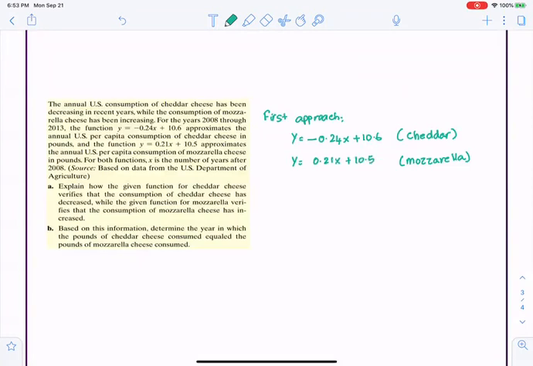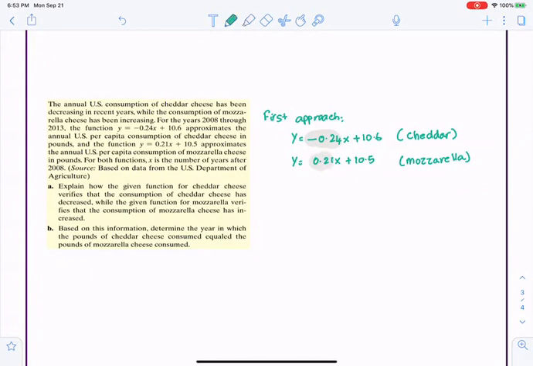and we can answer part A just by looking at the two equations. So it is decreasing for cheddar cheese because we have a negative here, which means a negative slope. Negative slope indicates decreasing, whereas a positive slope indicates increasing.